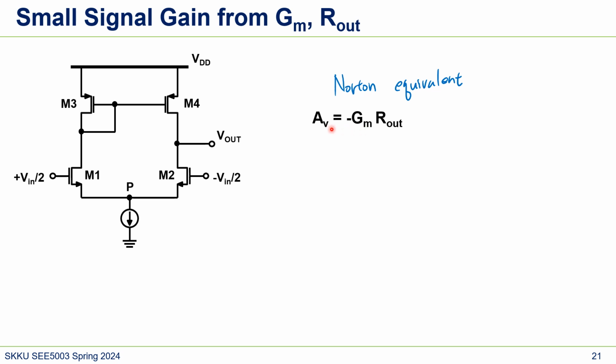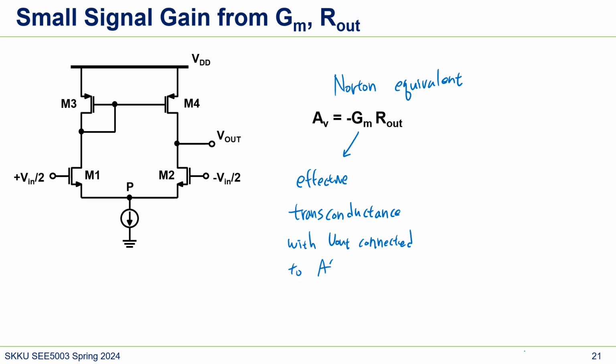Av is minus Gm Rout. Just a little reminder, this is the effective transconductance with Vout connected to AC ground, which means small signal ground.